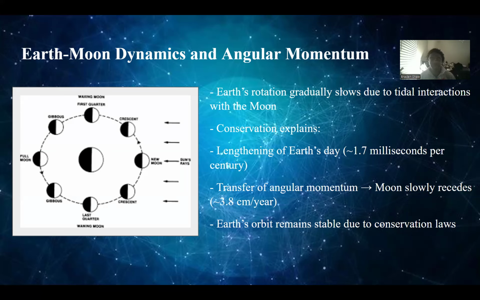Because of this transfer, Earth's day becomes slightly longer over time, increasing by about 1.7 milliseconds per century. Despite these changes, the Earth-moon system as a whole conserves angular momentum, which is why the overall structure remains stable.